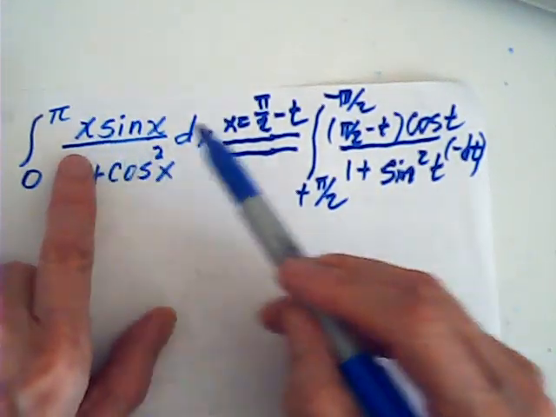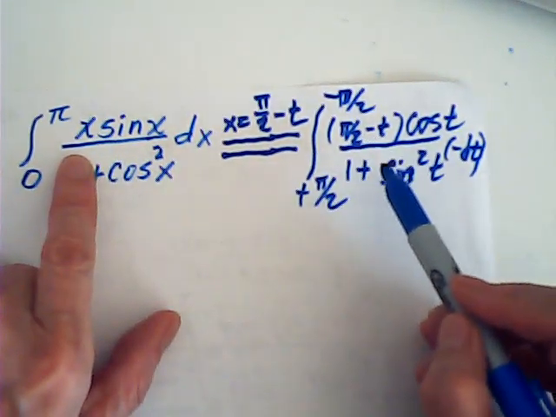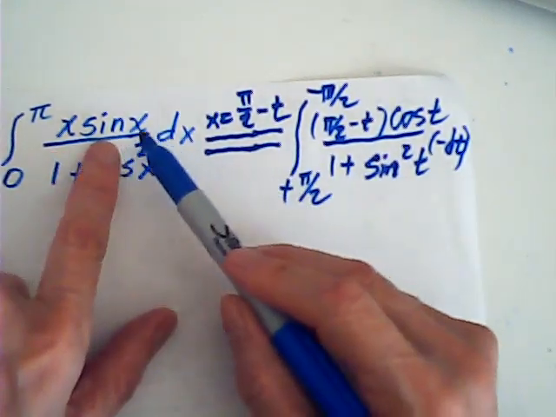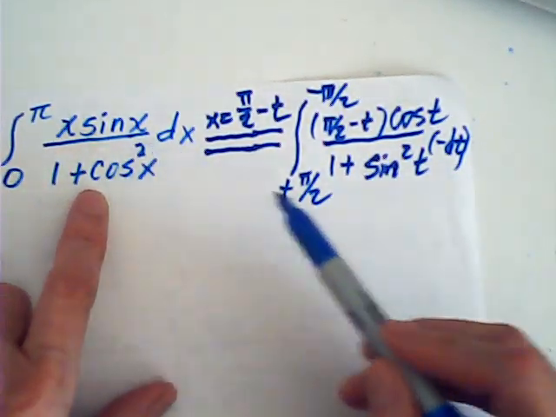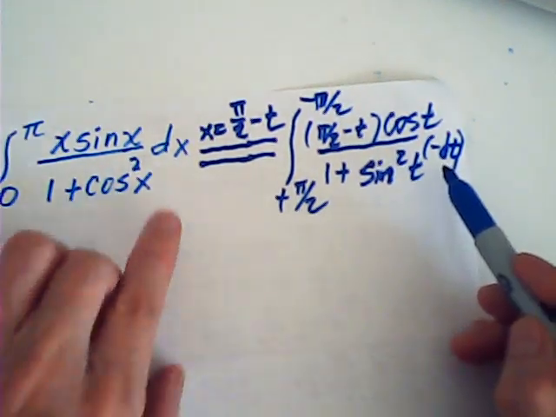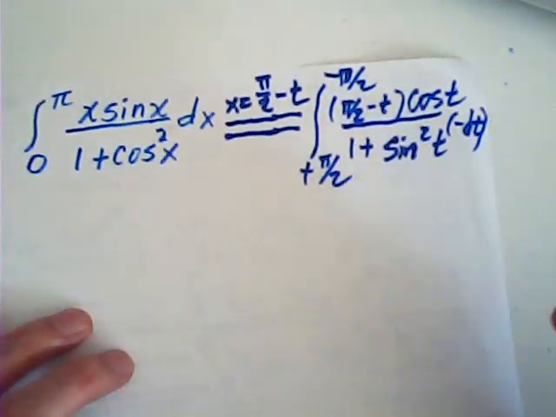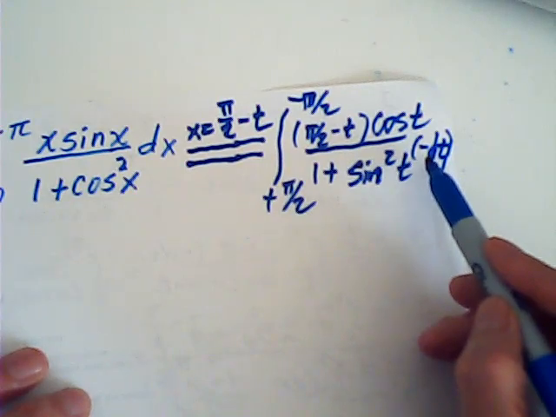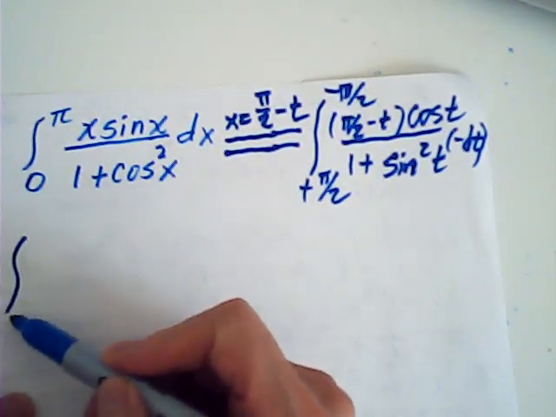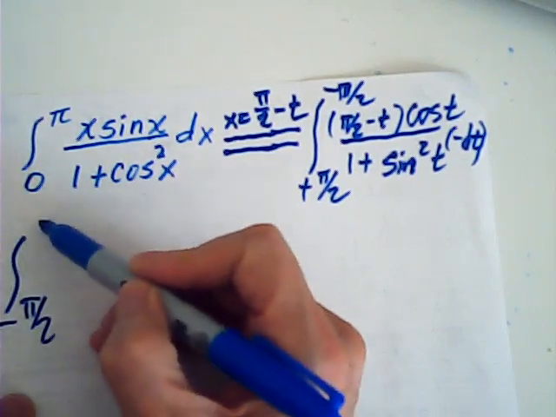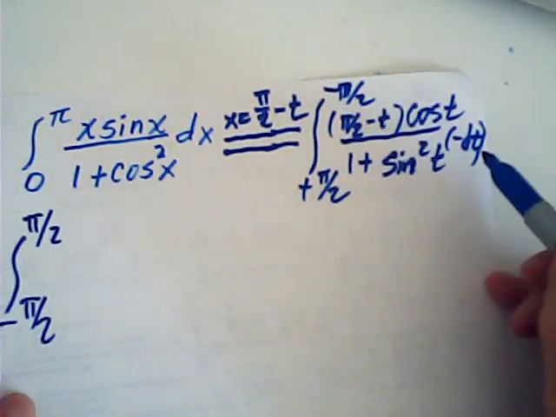So x is replaced by half pi minus t, and the sine becomes cosine t, and the cosine square becomes sine square. dx becomes negative dt. Now this negative can switch the limits, right? This becomes minus half pi to positive half pi, so the negative is gone.